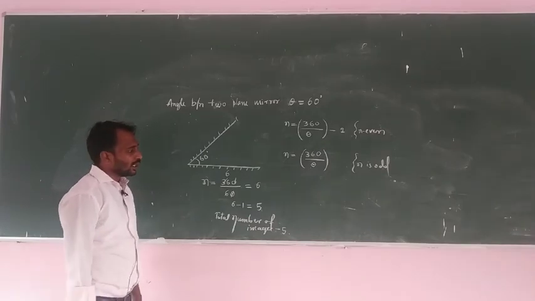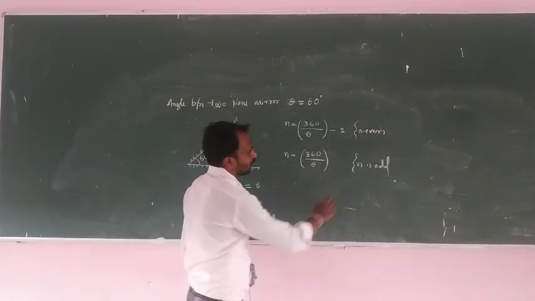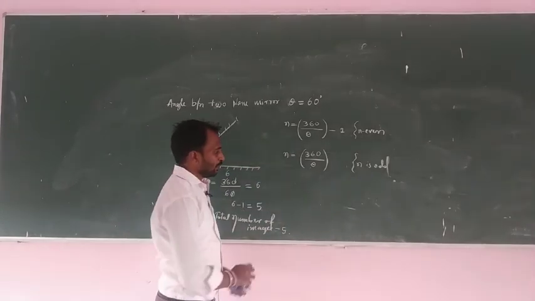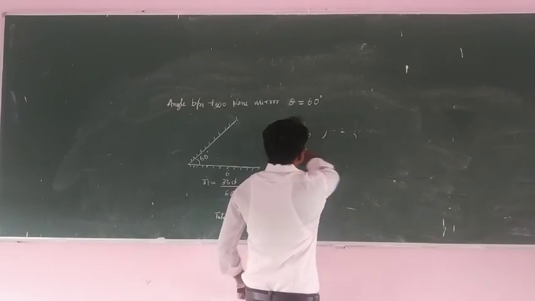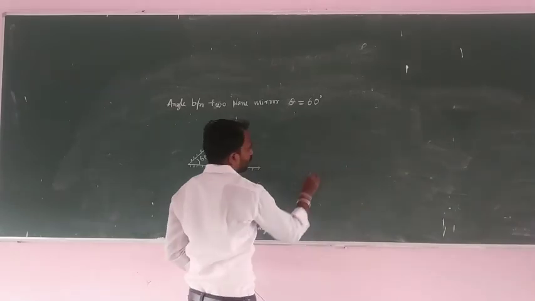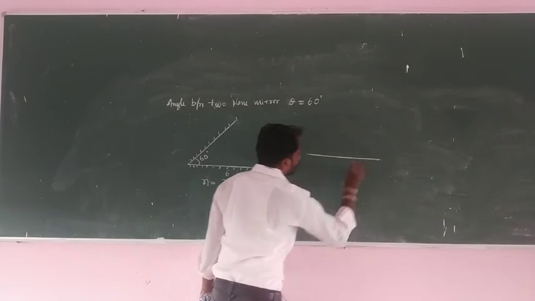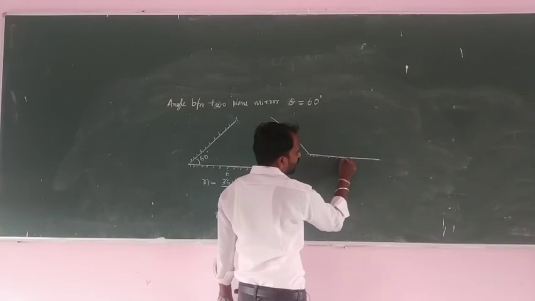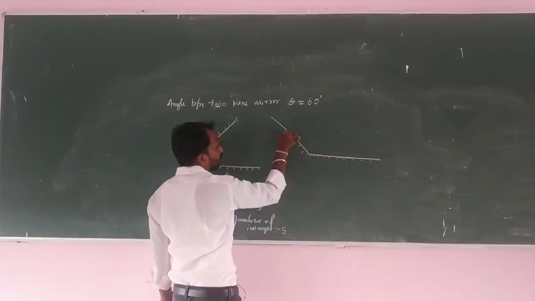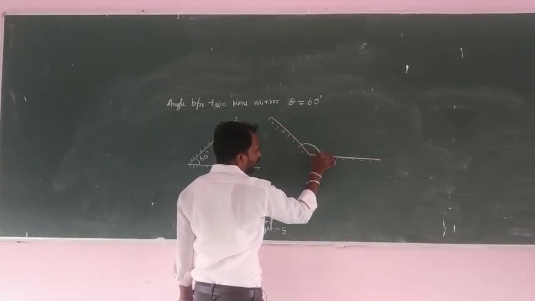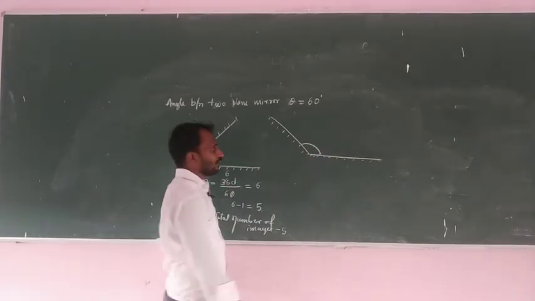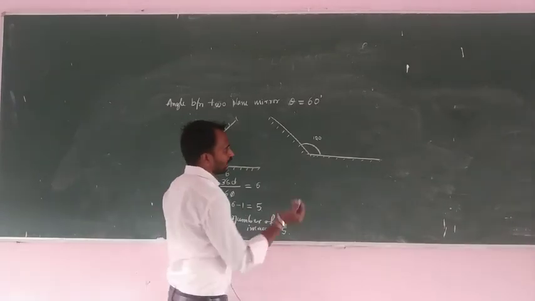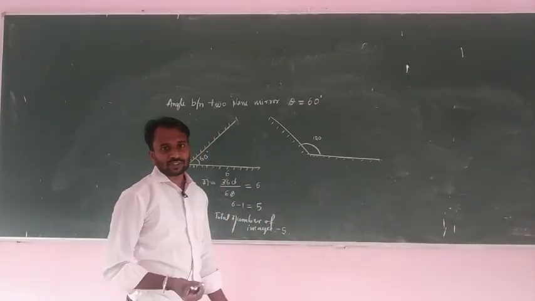Now another case, if n is an odd number. Suppose two plane mirrors are placed with an angle of 120 in between, and we want to calculate the total number of images.